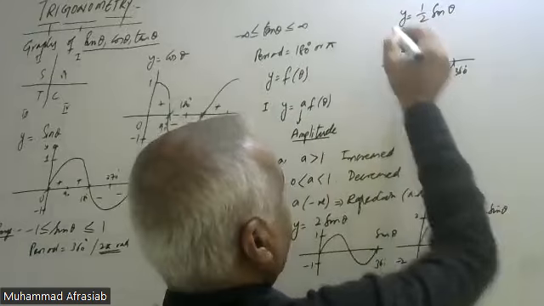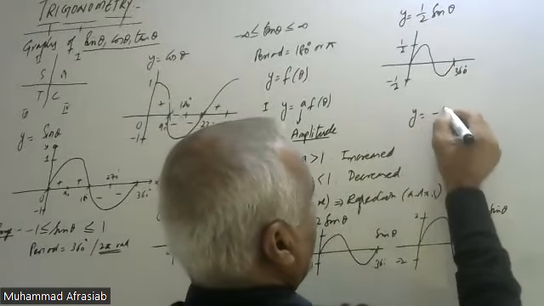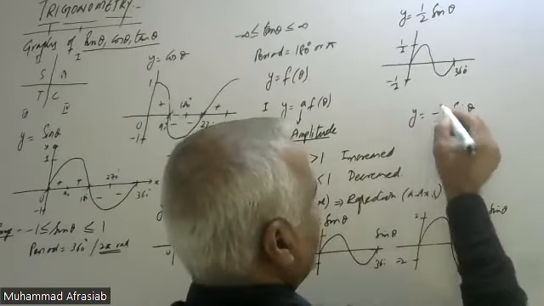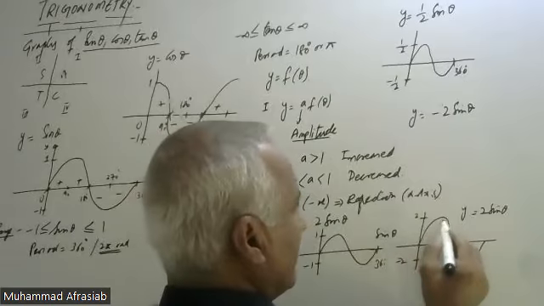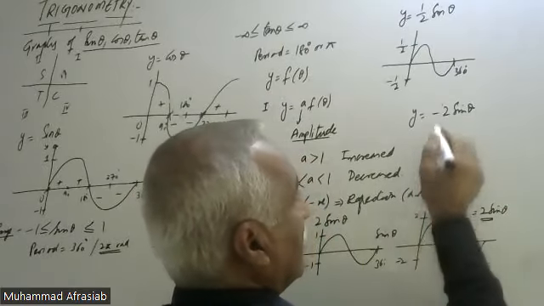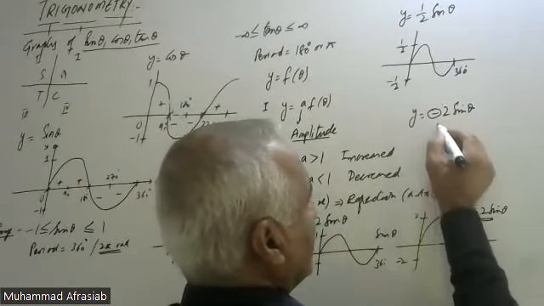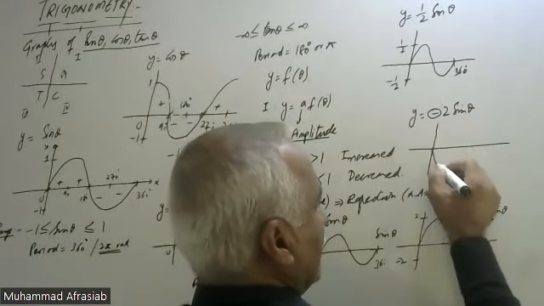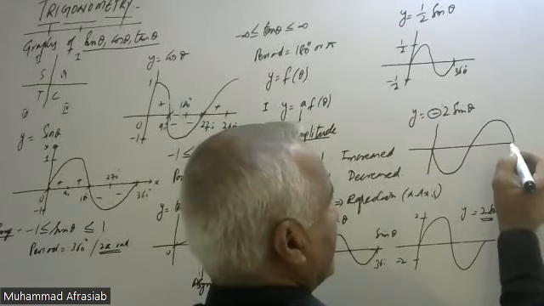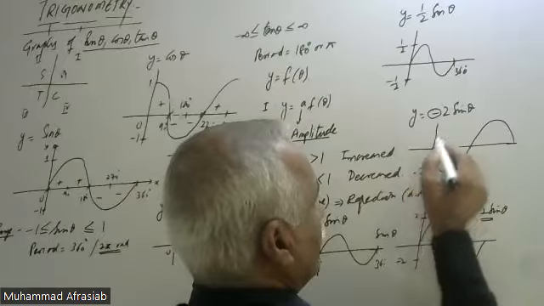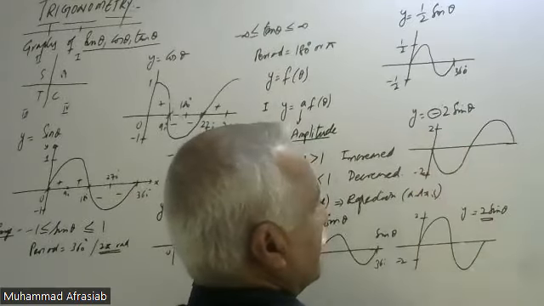If it is the case of minus 2 sin theta, then we know the graph of 2 sin theta. And now there is a negative sign outside, so it is a reflection about the x-axis. So the same graph will become like this, minus 2 to 2.